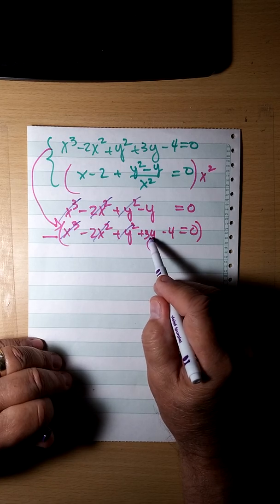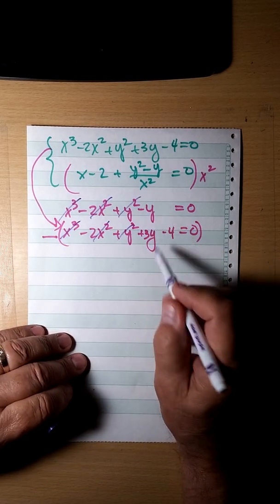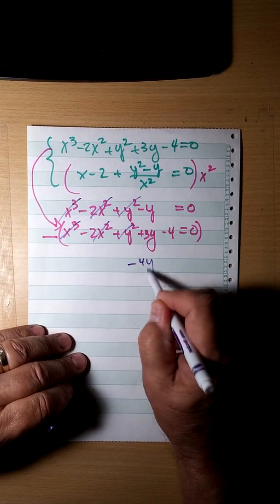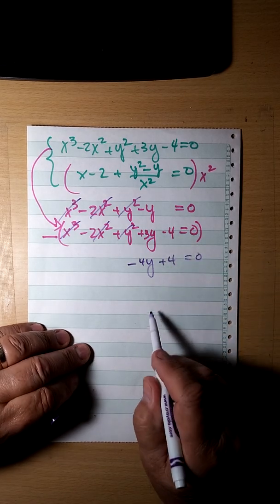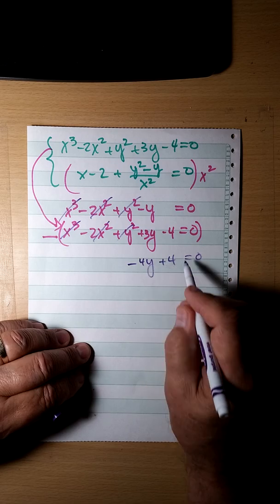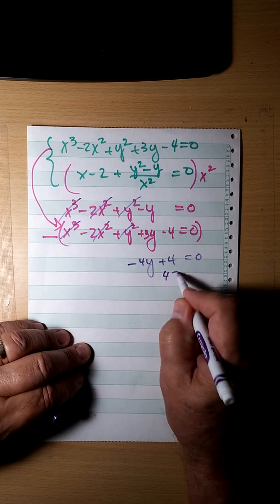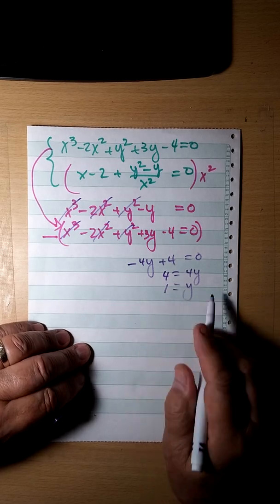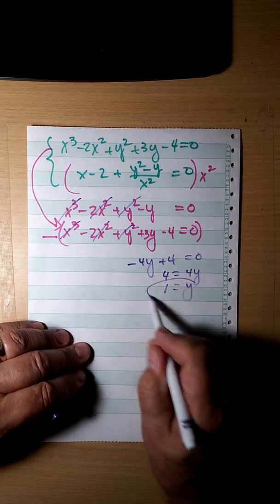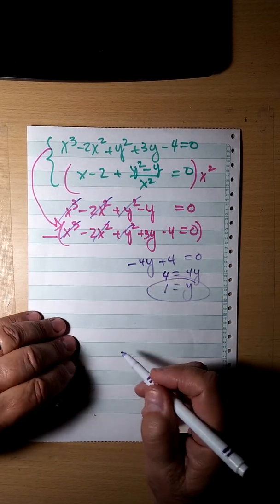Remember, this is now a negative 3y and a negative y, so it's a negative 4y. This is a positive 4 equals 0. Or, let's move the 4y over there. 4 equals 4y, y is 1. Not plus or minus, we didn't take any square roots, just y equals 1.